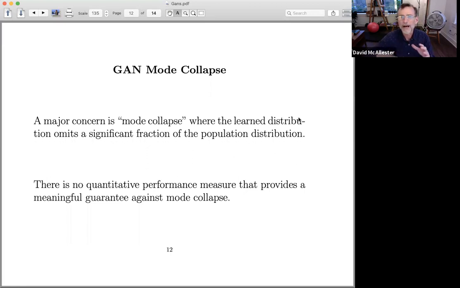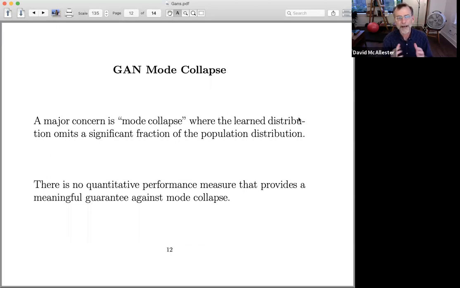It could be leaving out big pieces of that space. Sampling from the training set is an example where it's leaving out big pieces of the image space. But it could be leaving out big pieces of that space, but still making the discriminator's job really hard, because the discriminator would have to sort of recognize where and when things are being left out.